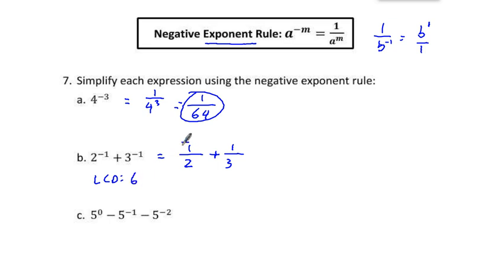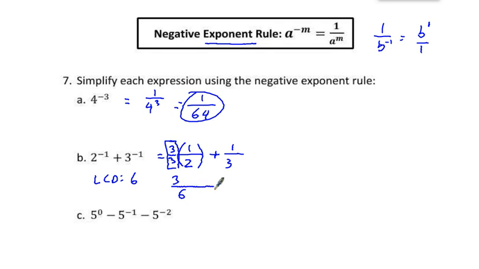So I will multiply this first fraction by 3 over 3. This is sort of a magic 1 because anything divided by itself is 1, and it will create a denominator of 6, which is what we desire as we take 3 times 2. 3 times 1 is 3.